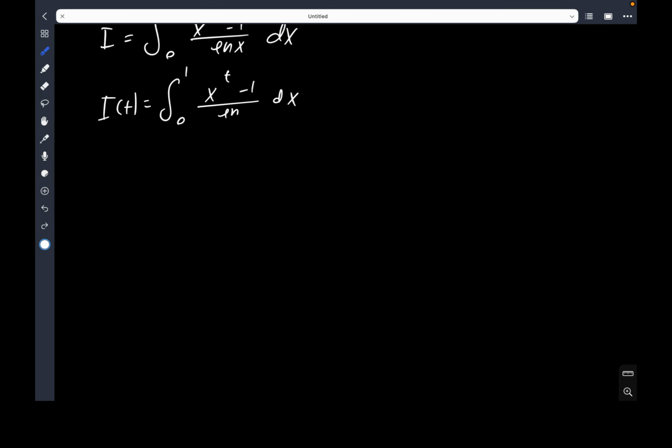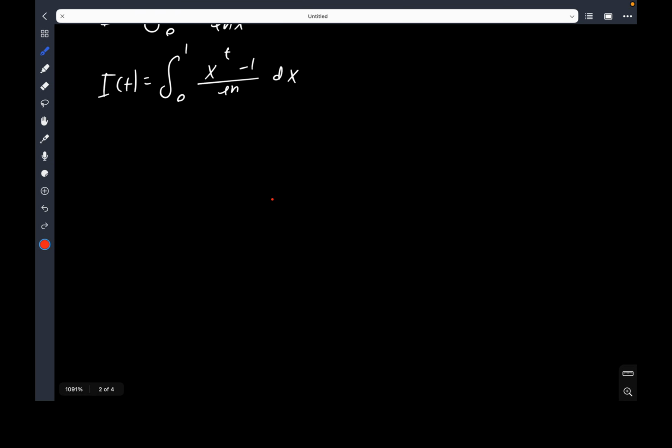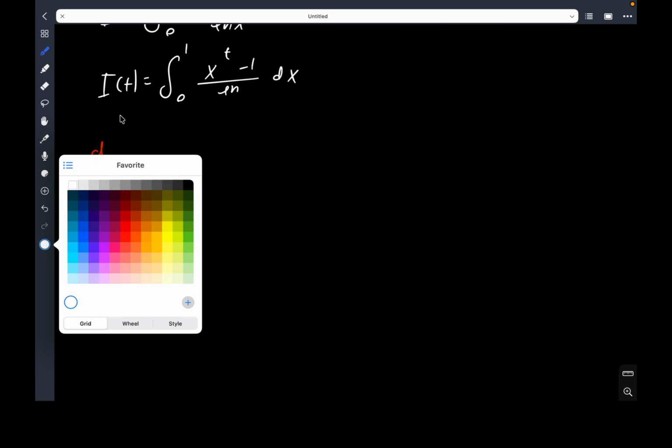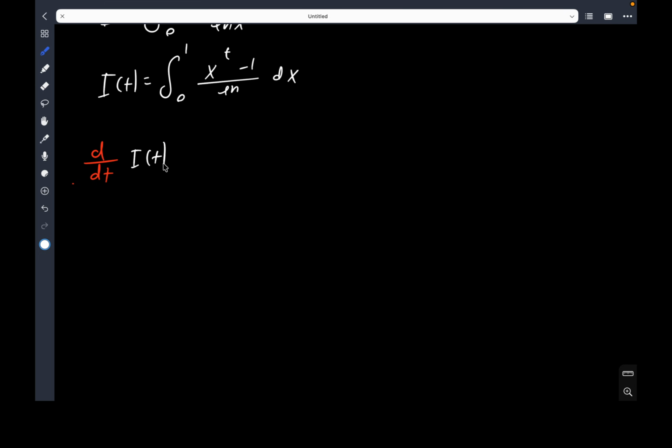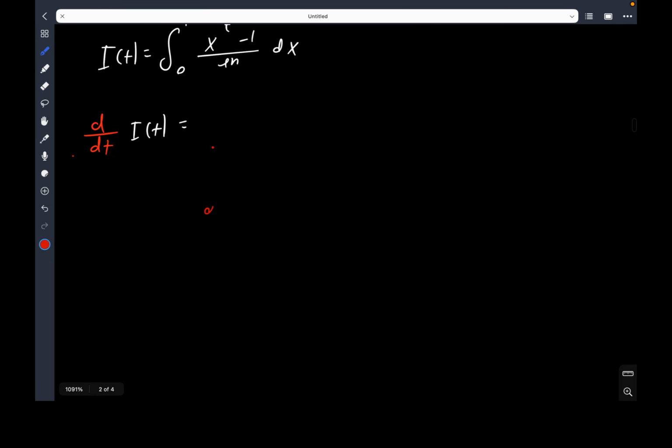Well, when I have a parameter here, I can differentiate with respect to this parameter. I'm going to take d/dt of I of t, which is equal to d/dt of this integral right here, (x^t minus 1) over ln x dx.